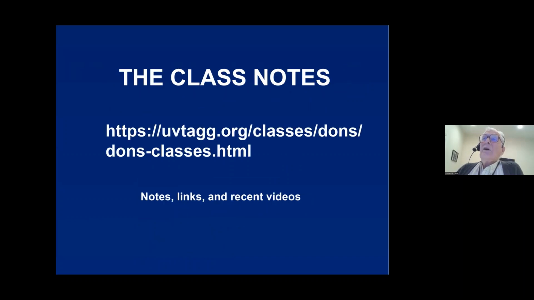Now, here's where the class notes are available. That's the URL, uvtagg.org. That's their Utah Valley Technology and Genealogy Group. And we've been going now for more than 30 years. It was the old PAF users group up until 15 years ago when we changed the name. If you only remember that part, uvtagg.org, you can get to where these class notes are.